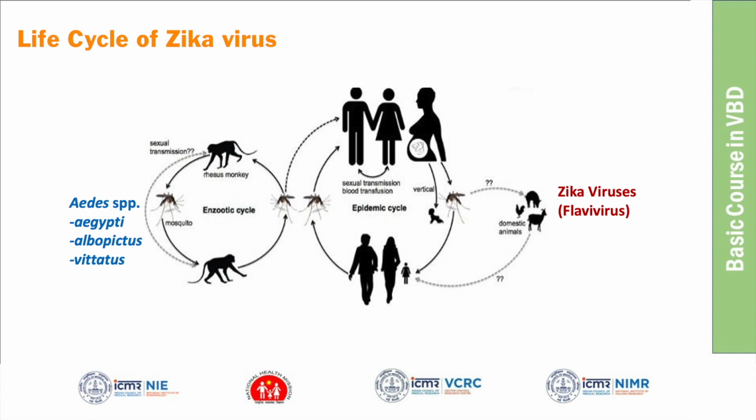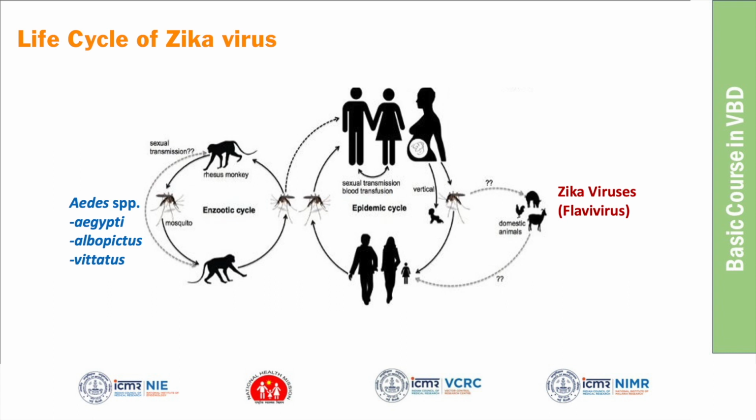Now, the recent story about Zika virus transmission in India, you might have read it in the papers, was in Kerala state, in Thiruvananthapuram, where several cases were reported from a tertiary hospital, where one case was admitted and then subsequently several cases were detected.